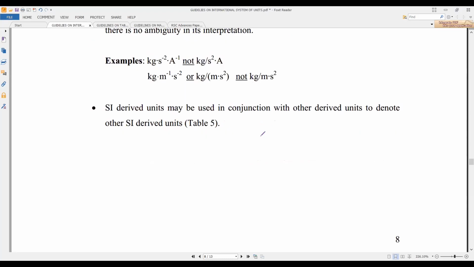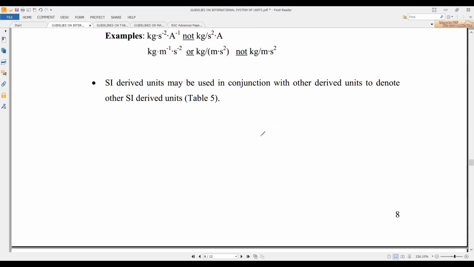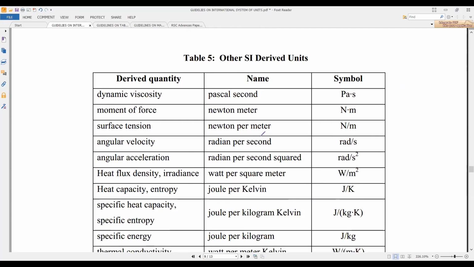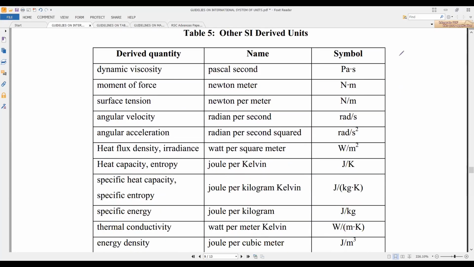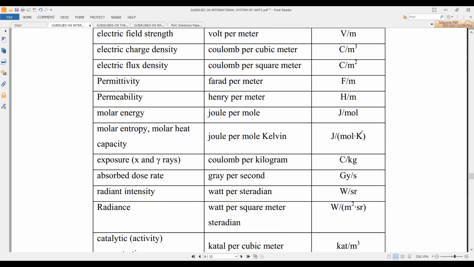SI derived units may be used in conjunction with other derived units to denote other SI derived units. Let's see the table. Likewise, Pascal into second. If you are using periods, then don't give space. And even you can use solidus. Newton per meter, radian per second square, and so on.